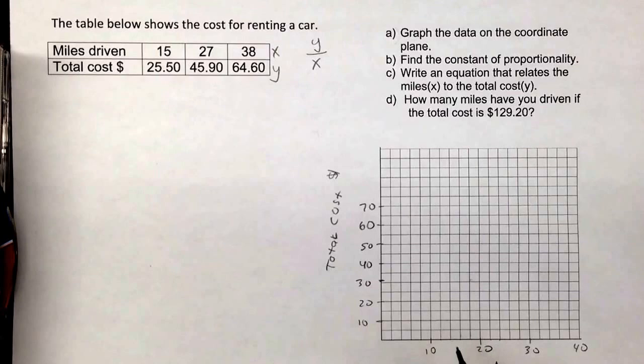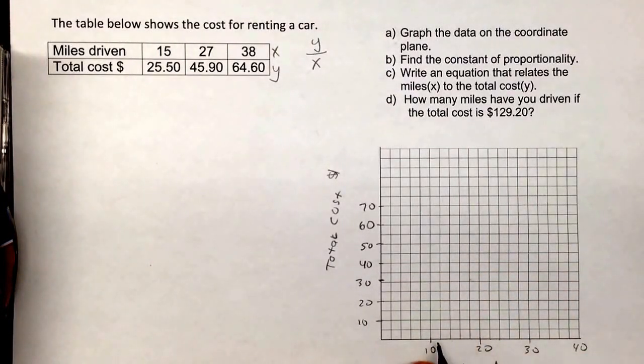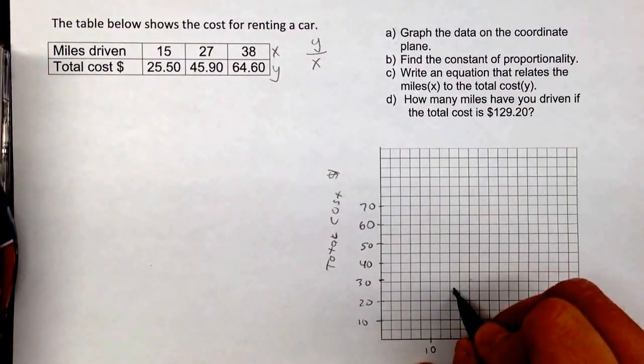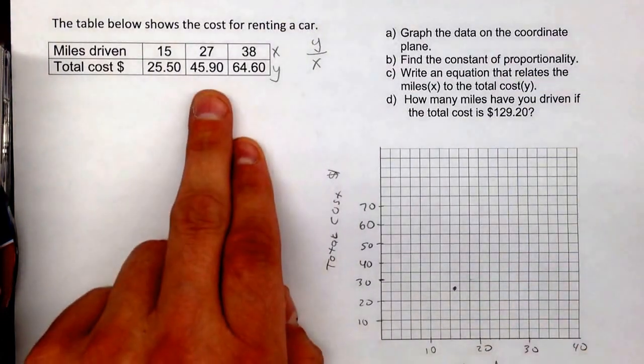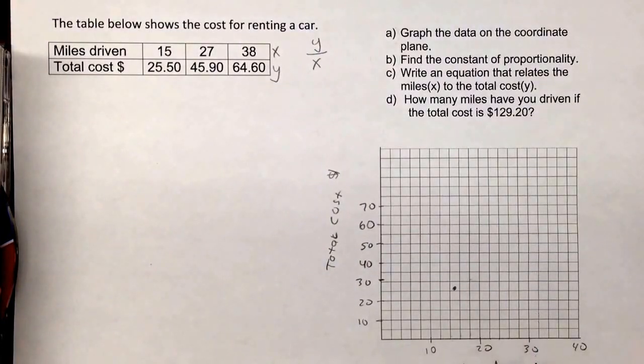Let's see what we got here. We got 15 miles driven is 25.50. So 15 miles driven is going to be right in the middle of 10 and 20, and the 25.50 is right here, roughly, just past 25. So there's our first point. Then I got 27 and 45.90. So 27, 22, 24, 26, 28. 27 is right here.